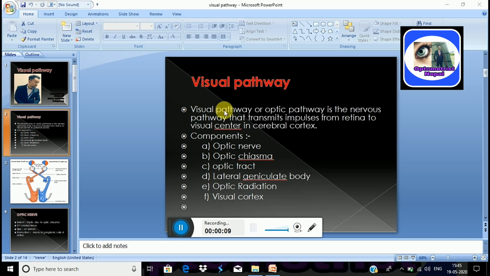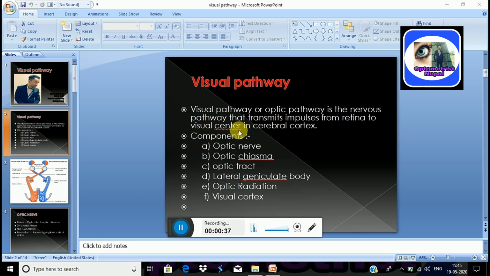Visual pathway or optic pathway is the nervous pathway that transmits impulses from the retina to the visual center in the cerebral cortex. It means that the image on the retina will be transmitted through the nervous pathway to the cerebral cortex.